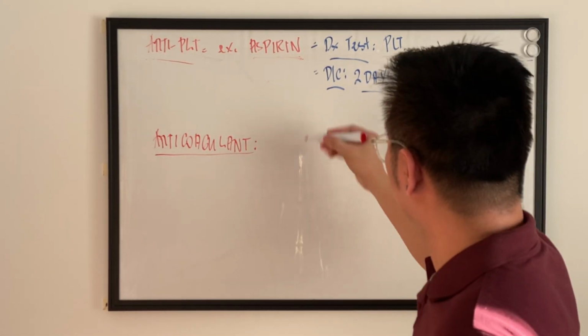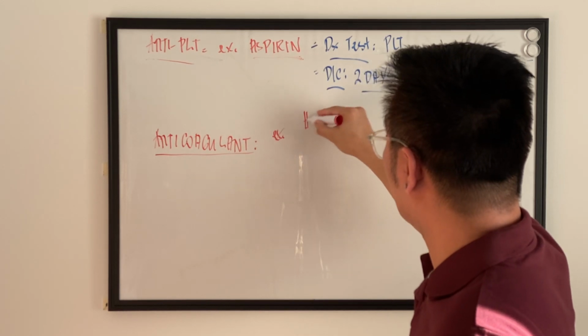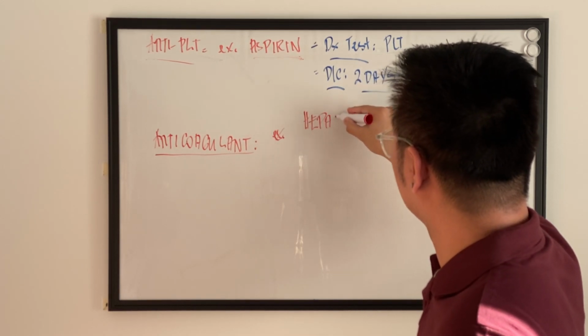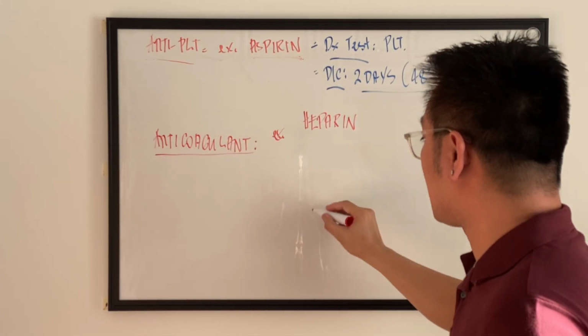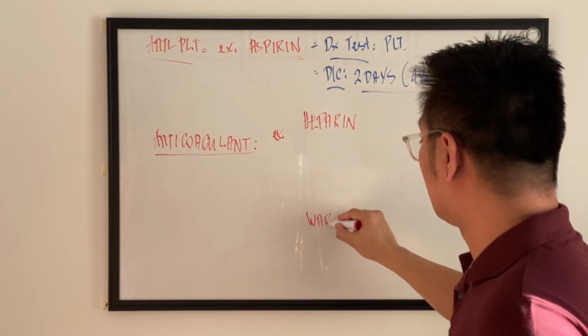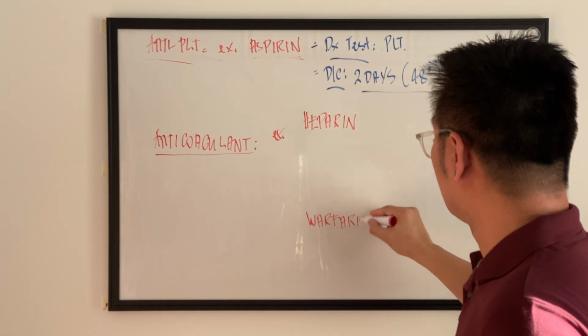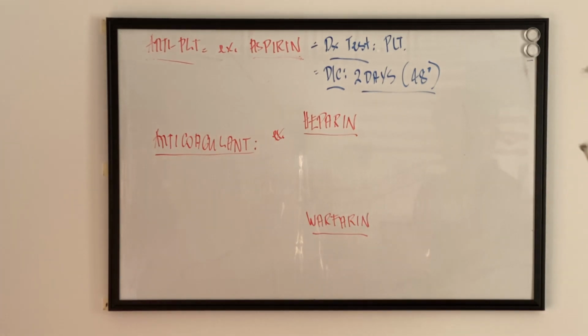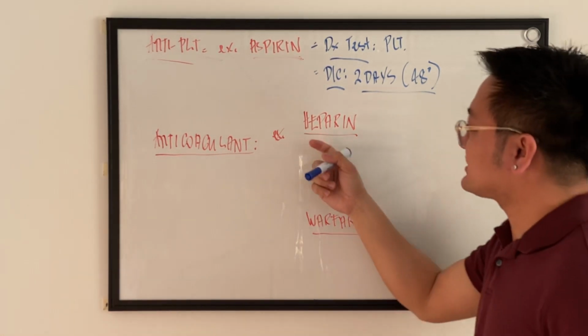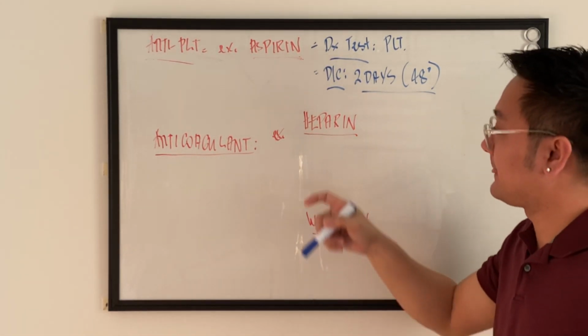Example here will be your heparin. Okay? Another example of an anticoagulant will be your warfarin. Warfarin or your Coumadin.